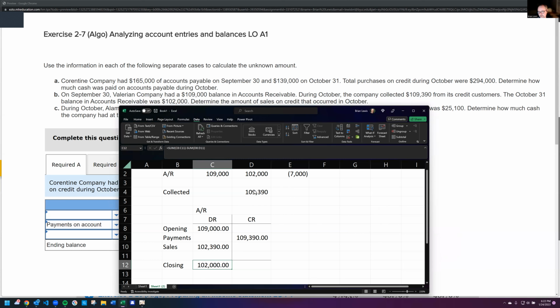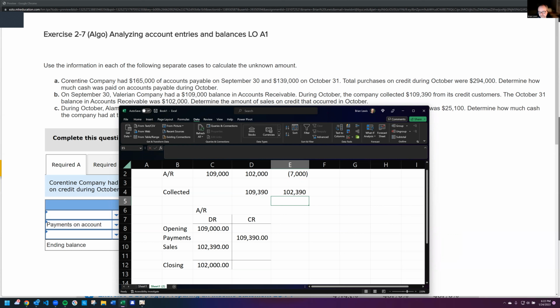So what am I missing here? 109 minus the 7 plus the 390. No, just 109 minus the 7. Same math that I did on the other one. Not sure why I didn't understand that. 102,390. So zero this out and then drop it by 7,000.